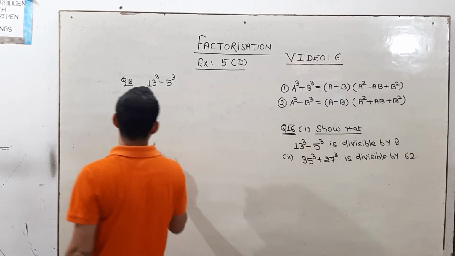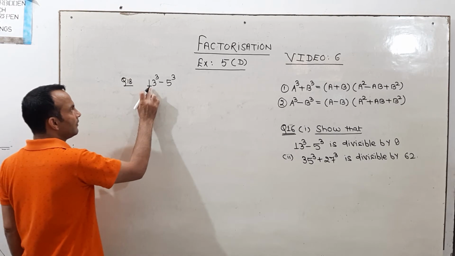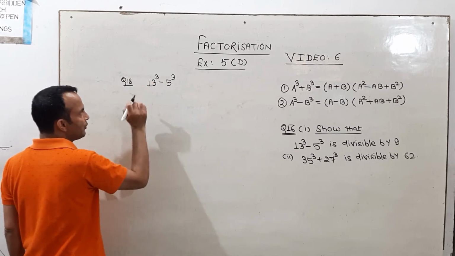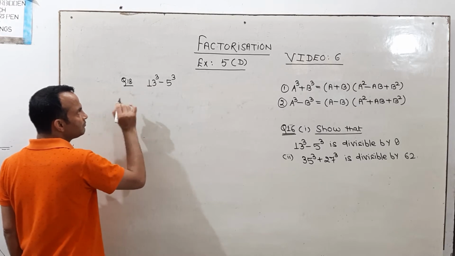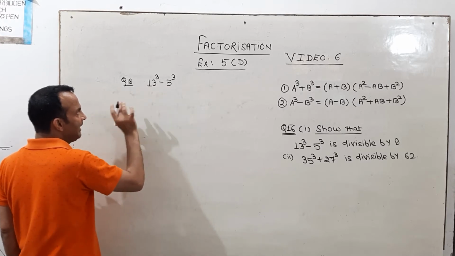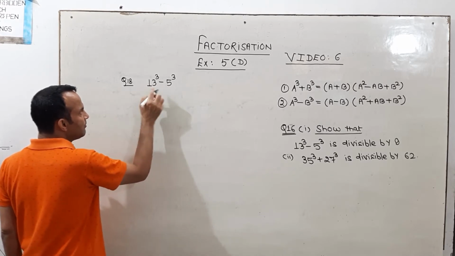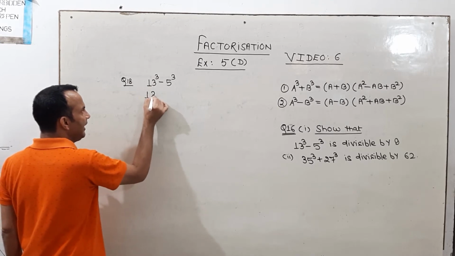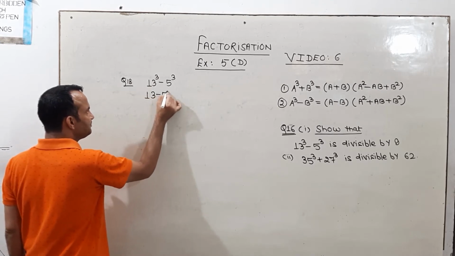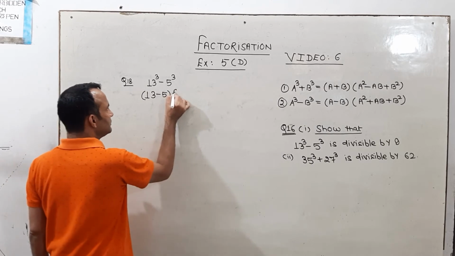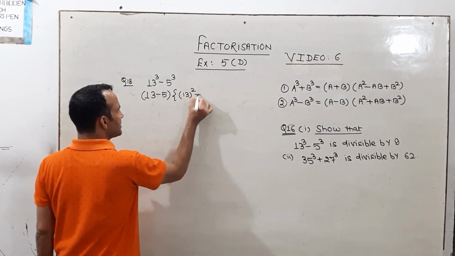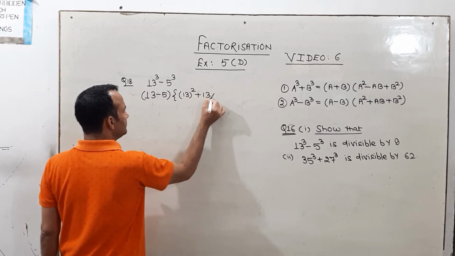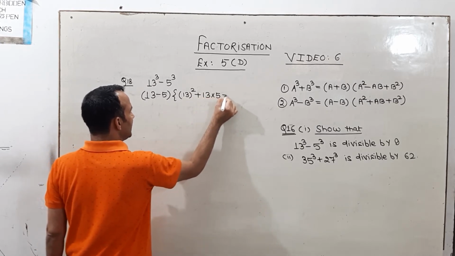Now see, here 13 cube minus 5 cube, a acts as 13 and 5 acts as b. So apply the identity a cube minus b cube, we can write a minus b, a square plus ab plus b square.